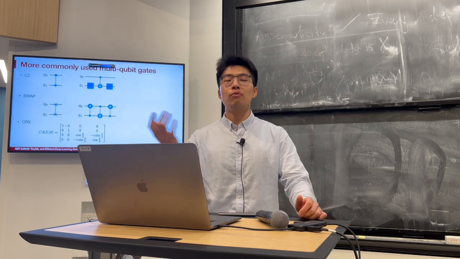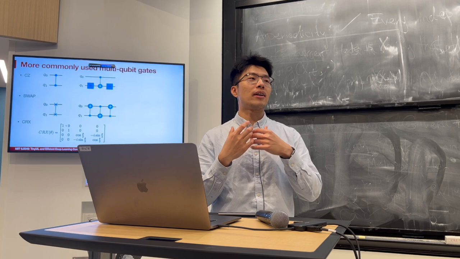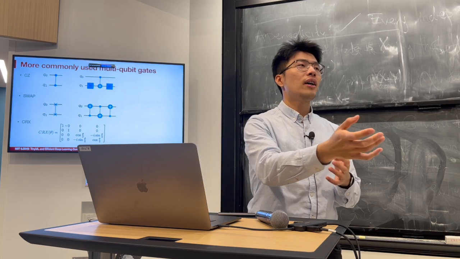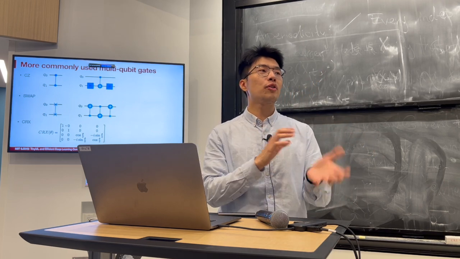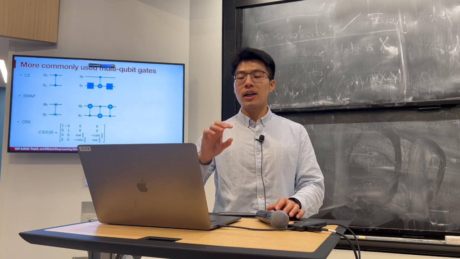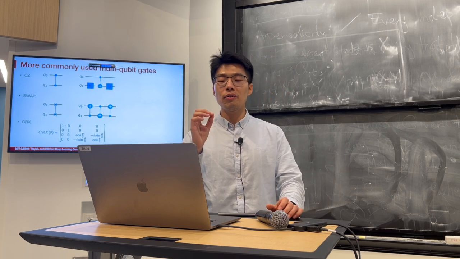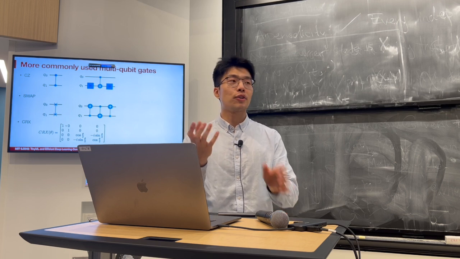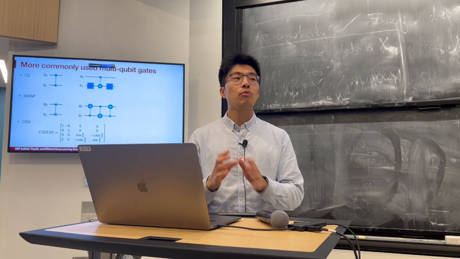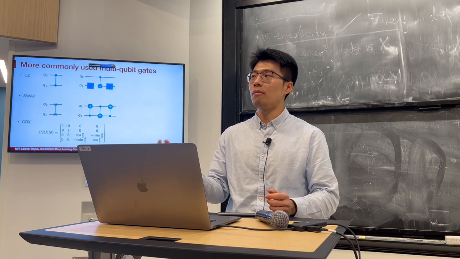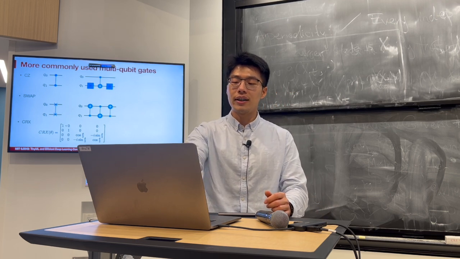So what is the meaning of swap? Say if I have something and I swap it to you, that means we swap the information of two qubits, right? So swap means we can totally exchange the information of two qubits with those swap gates. The swap can also be decomposed into 3 CNOT gates interleaved with each other.